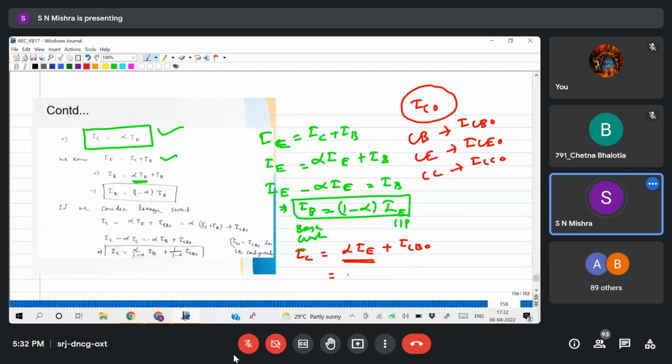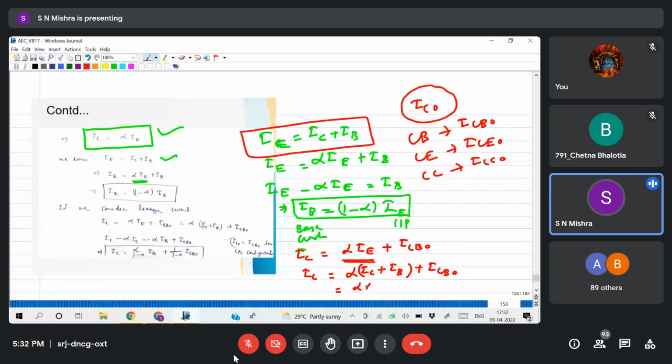Now let us solve here. Alpha I'll keep, and IE, you know, is IC plus IB. So alpha (IC plus IB) plus ICBO equals IC. Now open it and take IC to one side: alpha IC plus alpha IB plus ICBO equals IC. So IC minus alpha IC equals alpha IB plus ICBO.